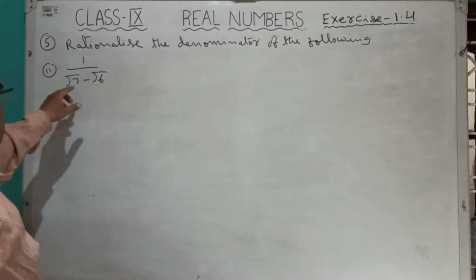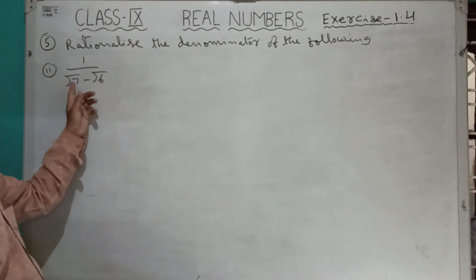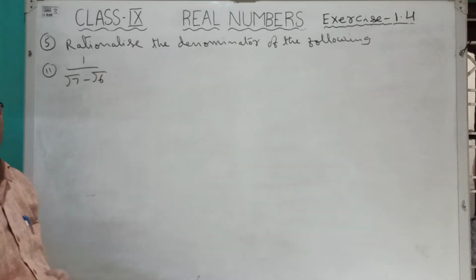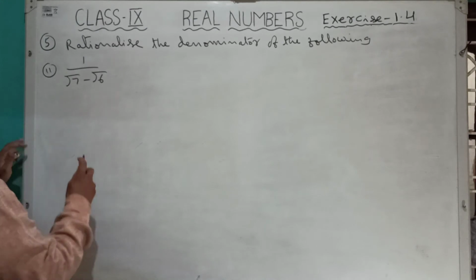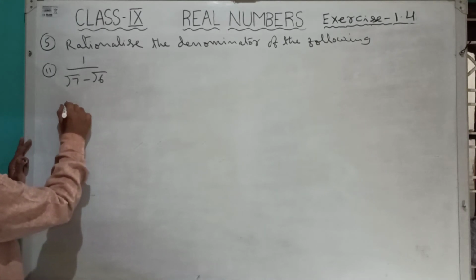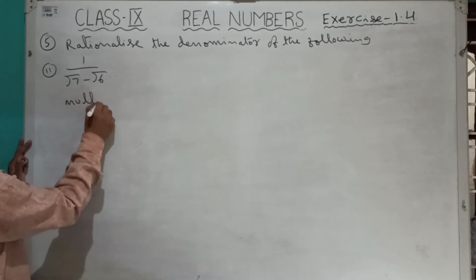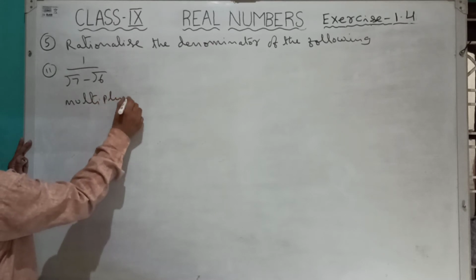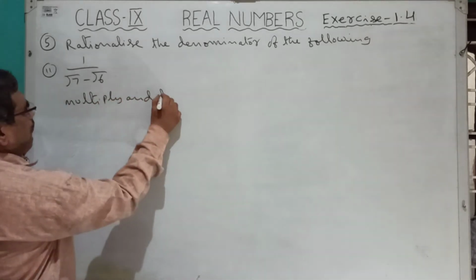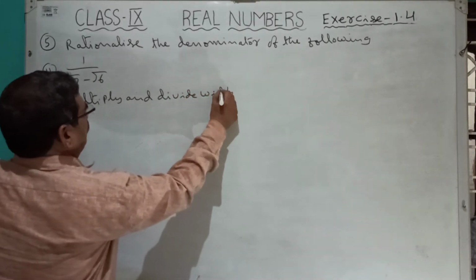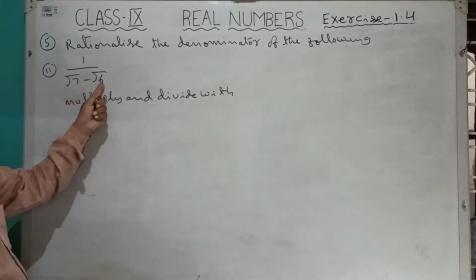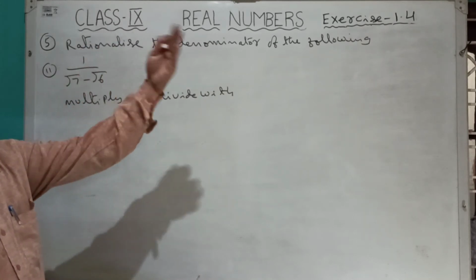So second is 1 by root 7 minus root 6. Here also same, what I told in previous question. So multiply and divide with what number? Here a minus b, so I have to multiply with a plus b.